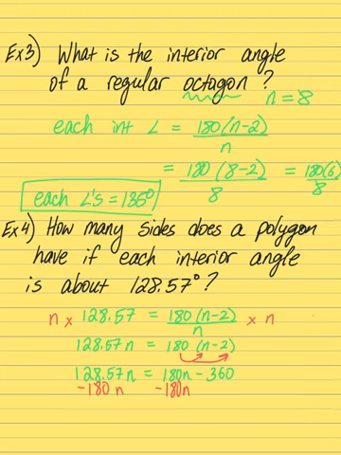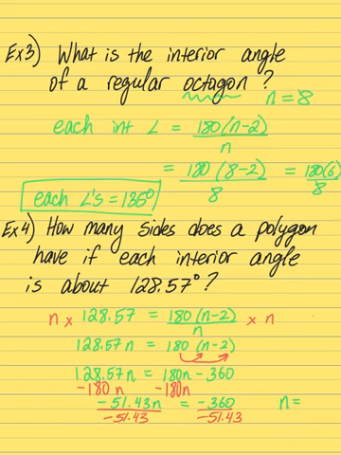And using a calculator, this is going to give me negative 51.43 n equals negative 360. The last step to get my n by itself is to divide out that negative 51.43 from both sides. And going into my calculator, that gives me an n by itself. And based on my calculator, it says the answer is 6.9998.